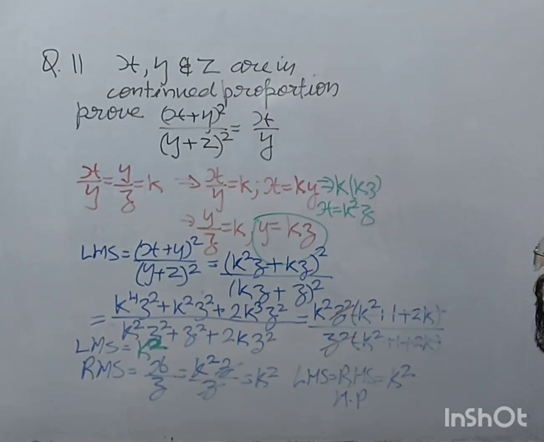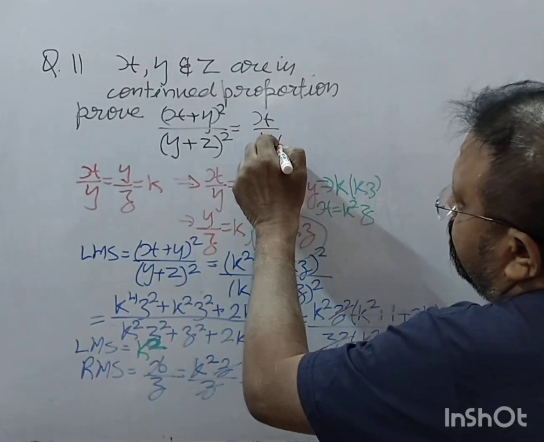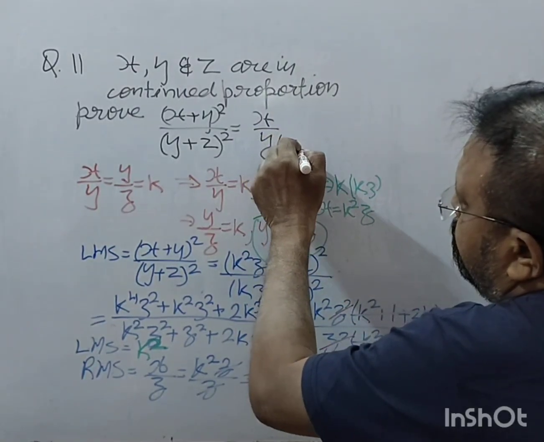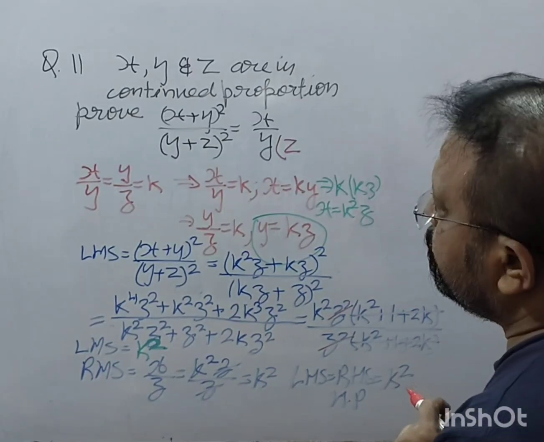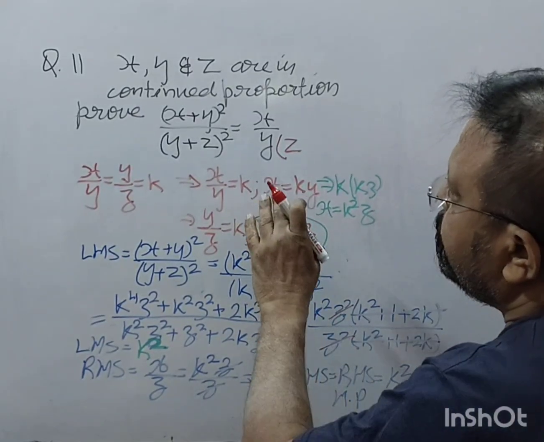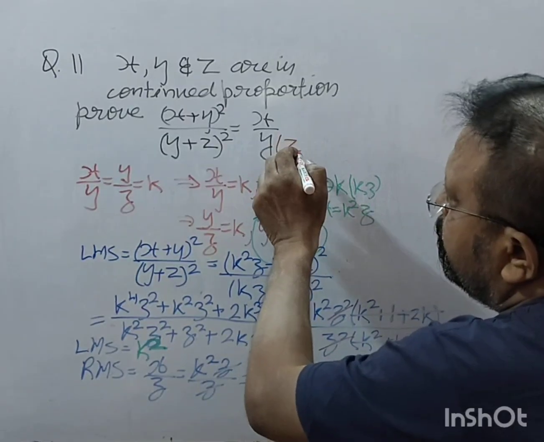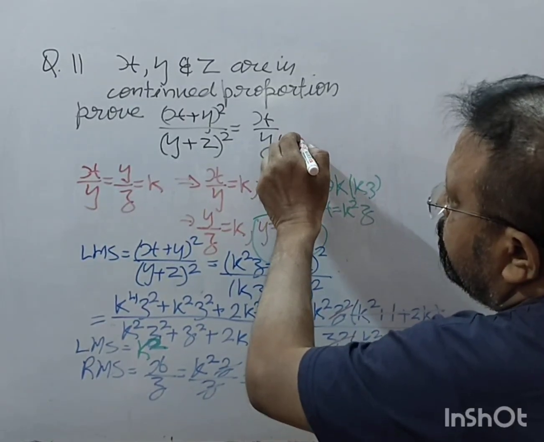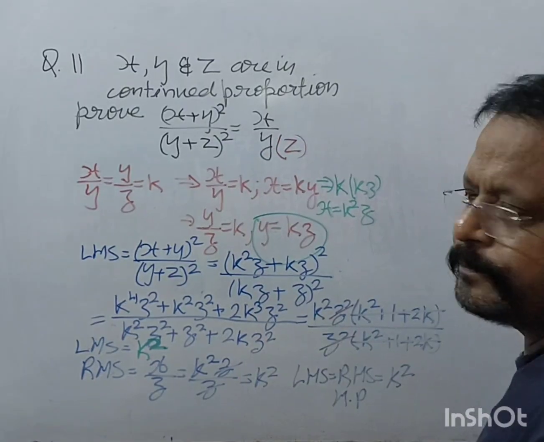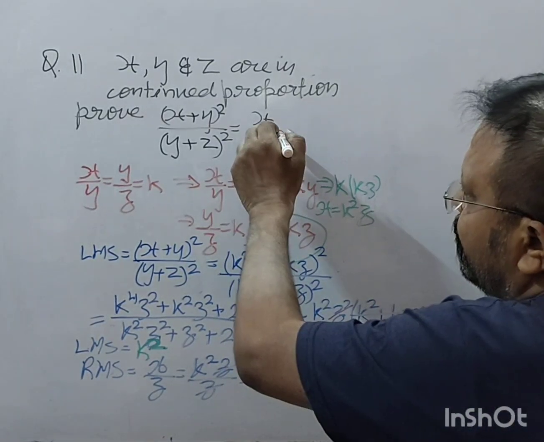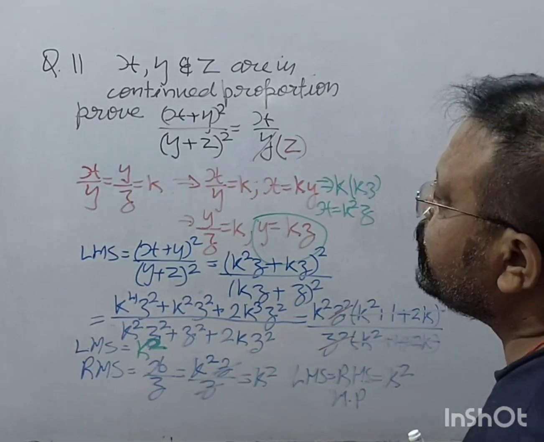So it should be z here, not this. Otherwise it cannot be proved.